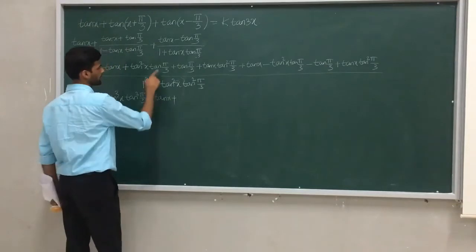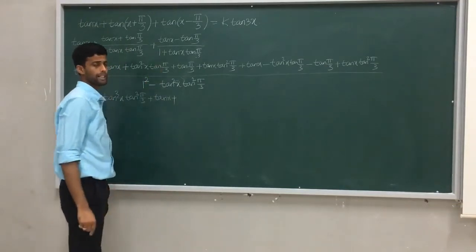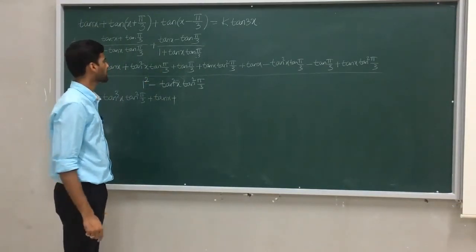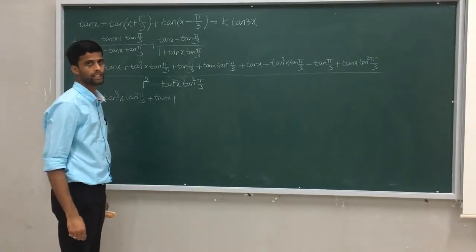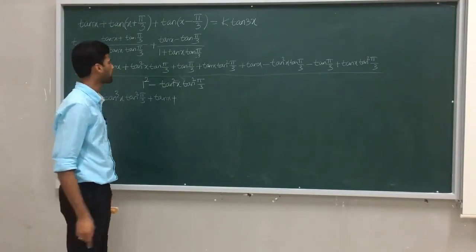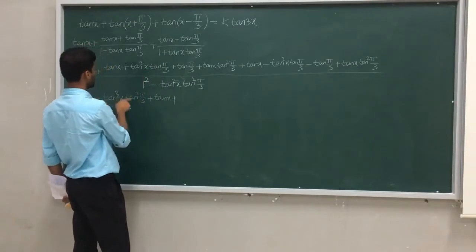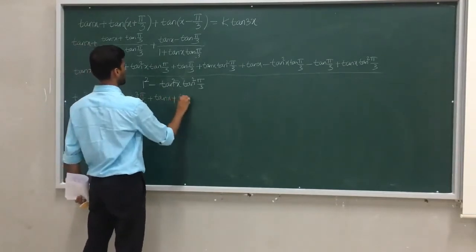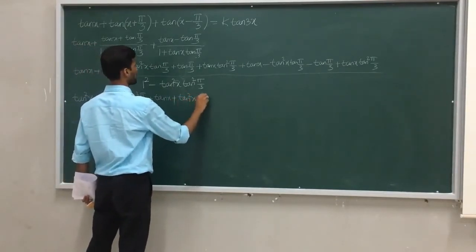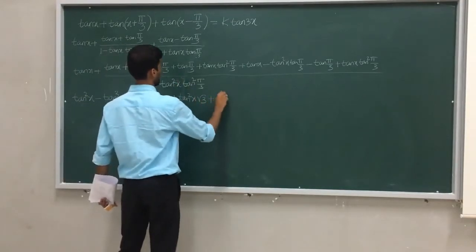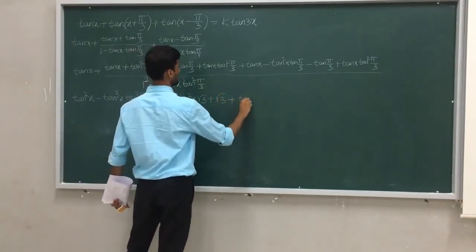What we will do here is, tan pi by 3 means tan 60. So tan 60 is nothing but sin 60 divided by cos 60. It is nothing but root 3 by 2 divided by 1 by 2. It is root 3. So I write here tan x plus tan square x into root 3 plus tan pi by 3 root 3 into tan x.